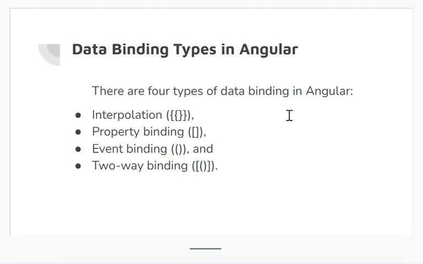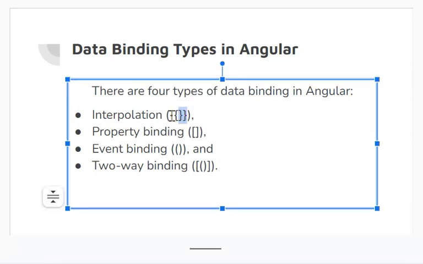Next, data binding types in Angular. There are actually 4 types of data binding in Angular. One is interpolation, where you use these brackets, and inside the brackets you have your variable. Property binding uses the square brackets.